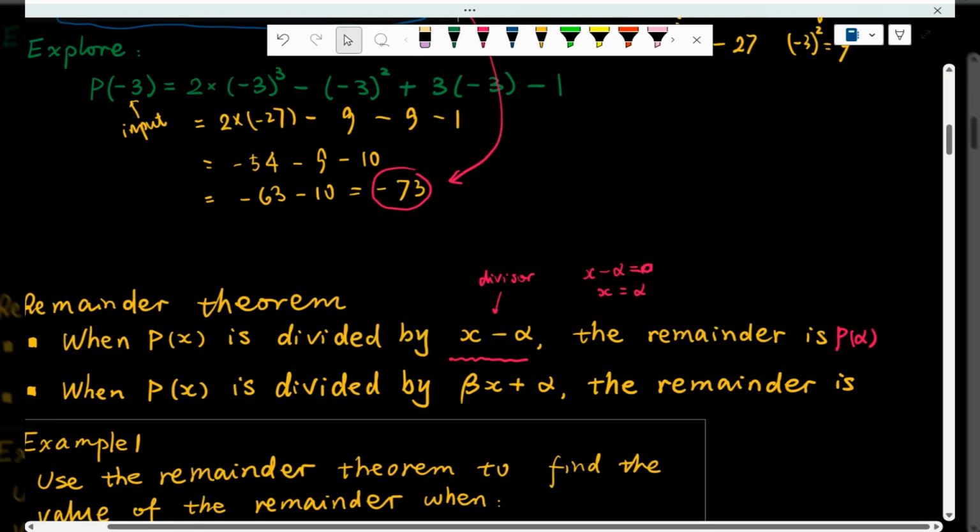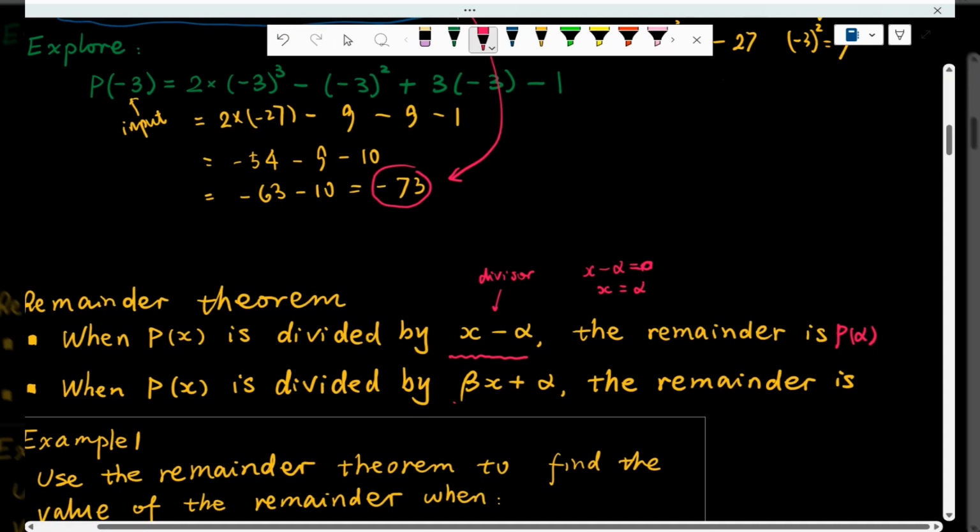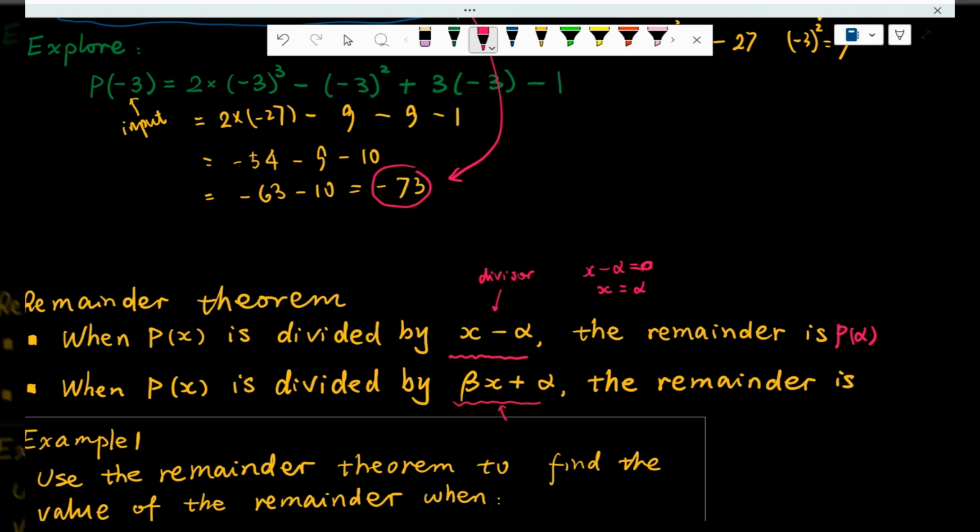Similarly, if we generalize the result, now the divisor is beta x plus alpha. So now this one is the divisor. Now we are going to let this one be 0 and get a value of x, which is negative alpha over beta. Of course, beta is a non-zero value.